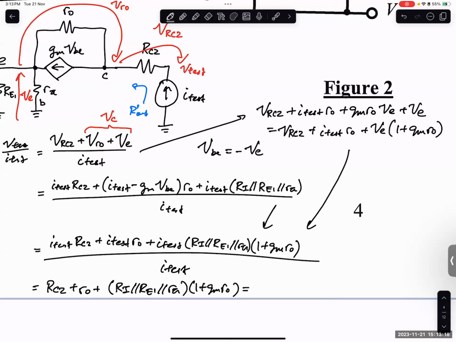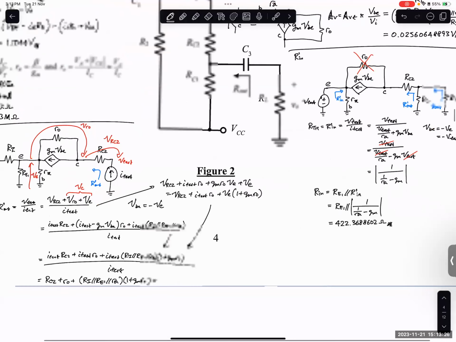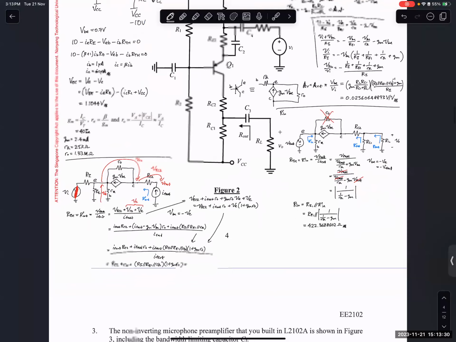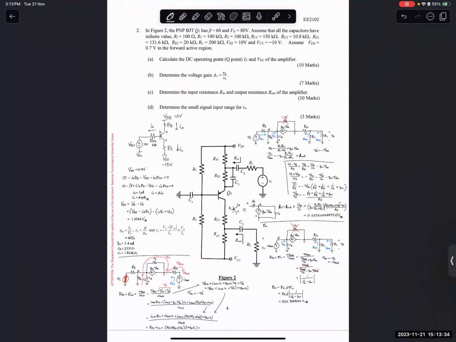I'm still trying to understand your question. Let me get the value at the top. RC2 is 10.8 kilo plus R naught, plus the whole thing in parallel, then 1 plus GM R naught.